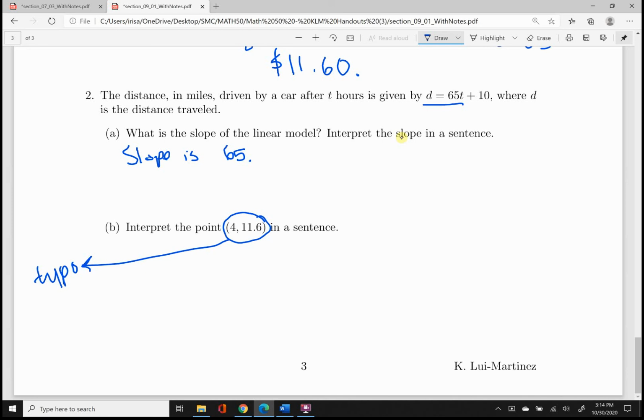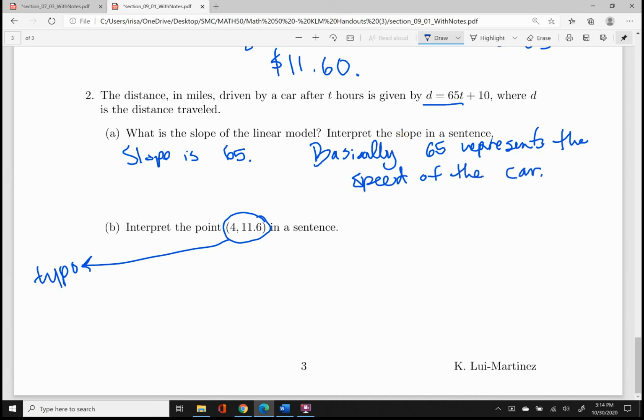So it's basically 65 represents the speed of the car. 65 miles per hour. I'll put MPH for short.